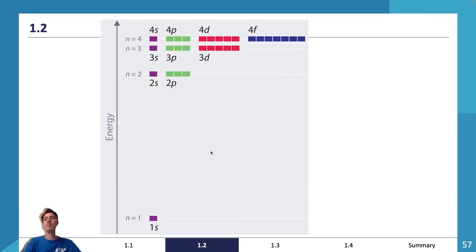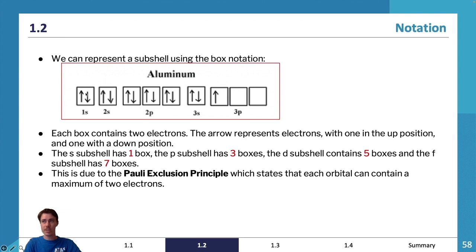Now, what's also really important is that there's an order to this. Essentially it goes 1s, 2s, 2p, 3s, 3p, 3d, and then you go back to 2d, no, sorry, you won't go back to 2d. So you go 3s, 3p, and then 4s, 4p, and then back to 3d.